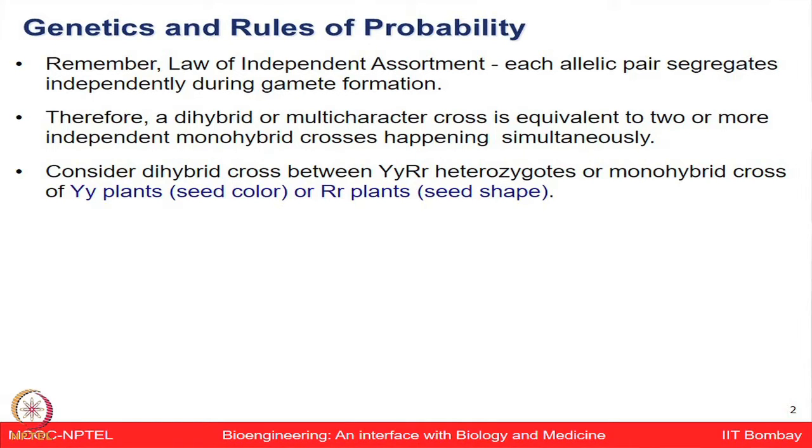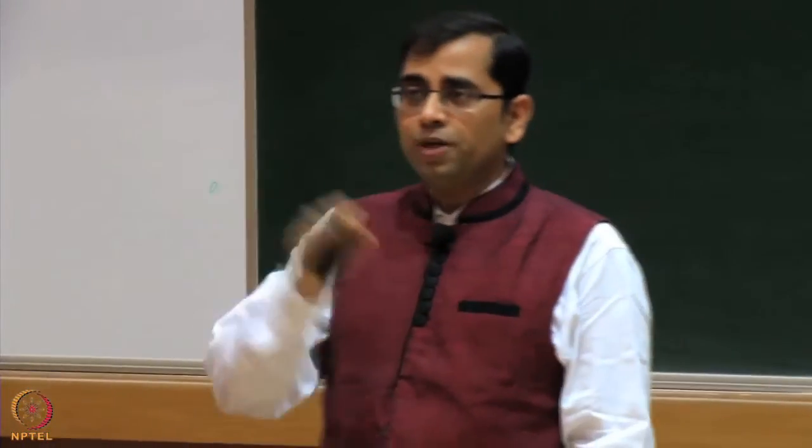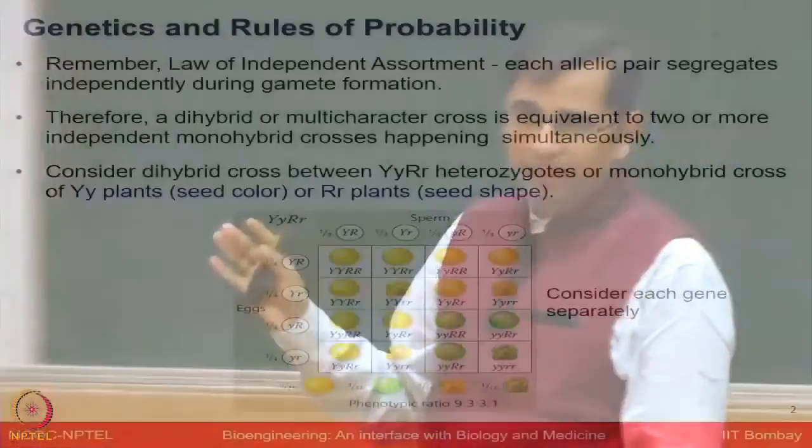This particular heterozygote has two different types of monohybrid crosses when you are talking about two properties, the seed shape as well as the seed color. So capital Y, small y can be seed color, and capital R, small r can be seed shape. Irrespective of these R or Y, you can use any nomenclature for these.